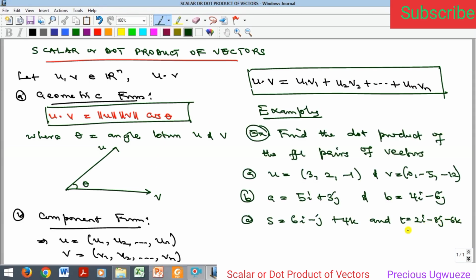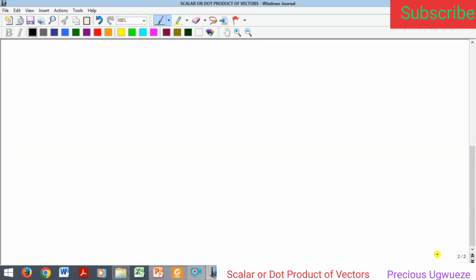Right, so we have these examples here. The first one says we should find the product of the following vectors. We're beginning with the first one. All the vectors we are given in this example are given in component form. We have that u is equal to 3, 2, minus 1, and v is equal to 0, minus 5, minus 12.